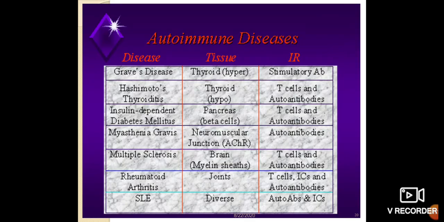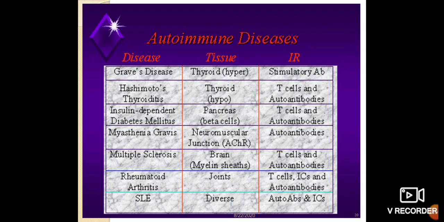Here is a comparison between Graves' disease, hyperthyroidism, and Hashimoto disease, and insulin-dependent diabetes mellitus, and myasthenia gravis, and multiple sclerosis, and rheumatoid arthritis, and systemic lupus erythematosus. Which tissue is affected in Graves' disease?